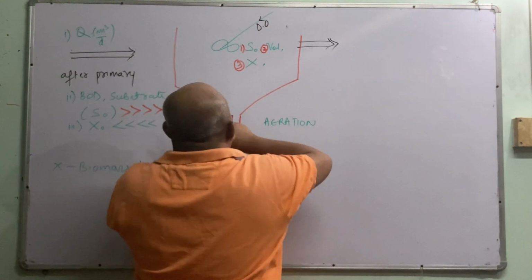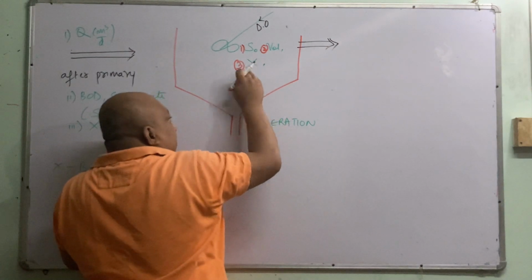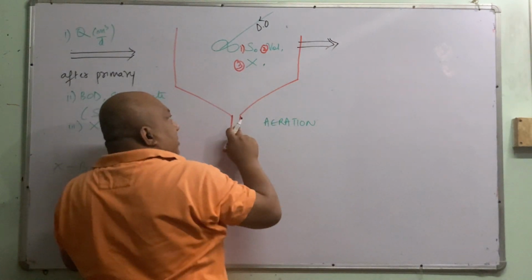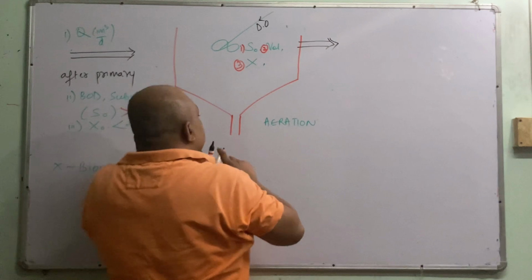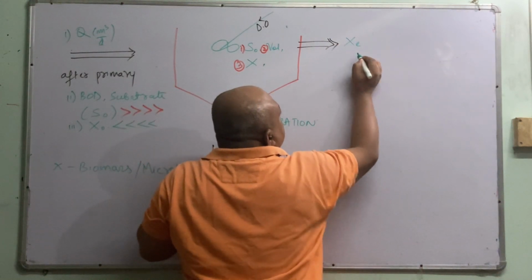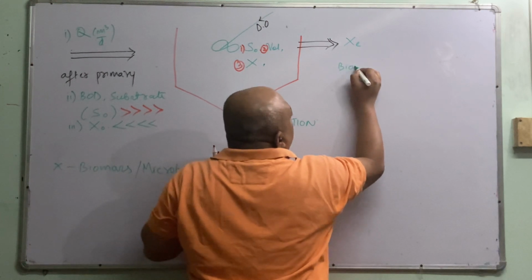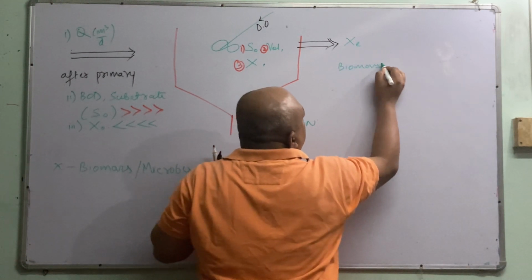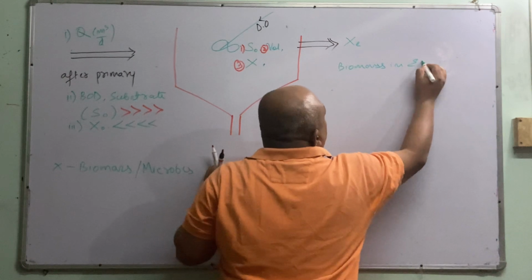In the treated water, all the biomass will be settled down, X will be settled down, correct? Whatever is coming out, some of them escape out, it is called XE. This is called biomass in effluent.